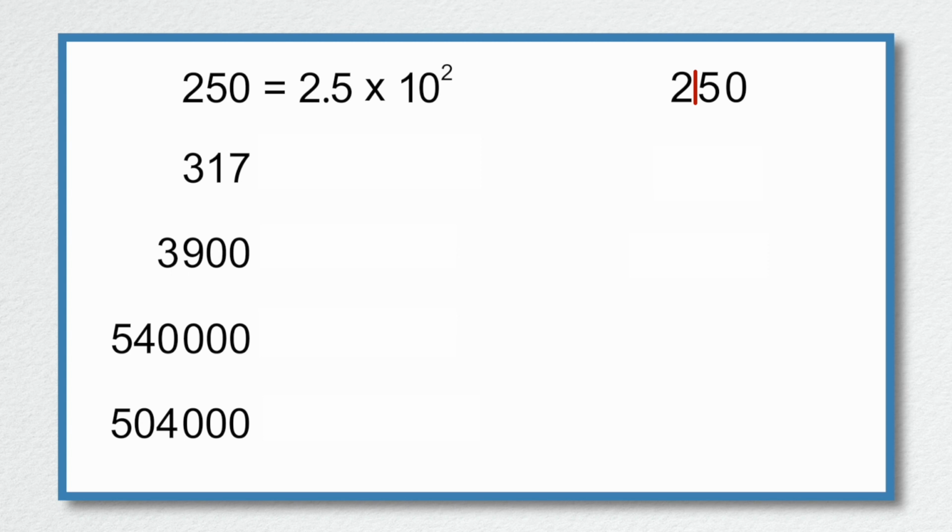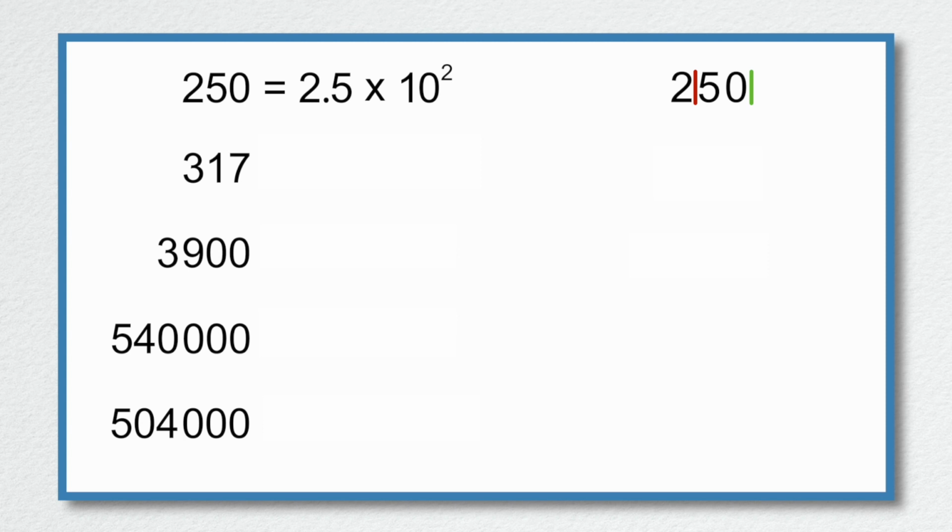I'm then going to put a mark where the decimal point currently is in the number 250, which is basically after the 0. What I'm going to do now, you'll often hear as the idea of moving the decimal point. Now, decimal points don't actually move, but we can count the gaps between the digits to get from the decimal point to the cutoff point, which gives the impression of the decimal point moving.